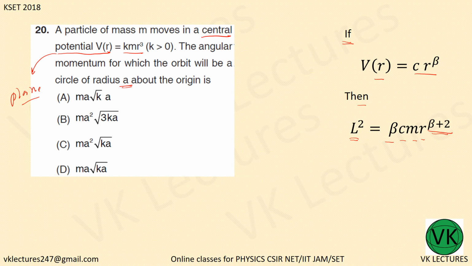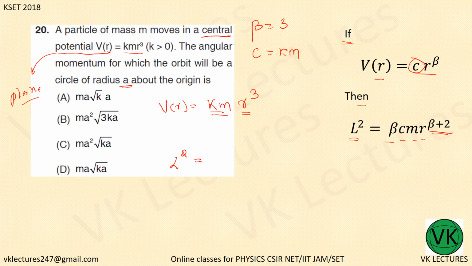Now we want angular momentum. So let us write what is L square. L square is equal to beta. What is beta? Now before going to that, let us write what is V of r. V of r is equal to k m r cube. Now what is k m? k m is nothing but c, r cube, or here r power beta. So beta equal to 3, c is equal to k times m.